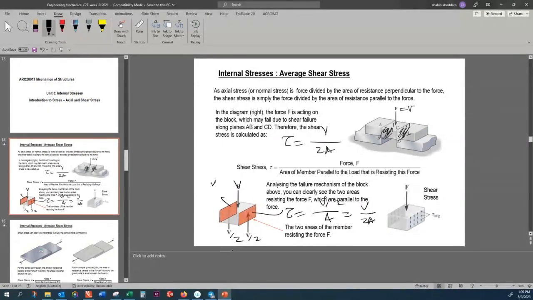Or over here, I get the same thing, V over 2A. So either I take half of the force divided by area on this area, or I take one force distributed between two areas. Both of them give you the average shearing stress equal to V divided by 2A. Question? Any questions?